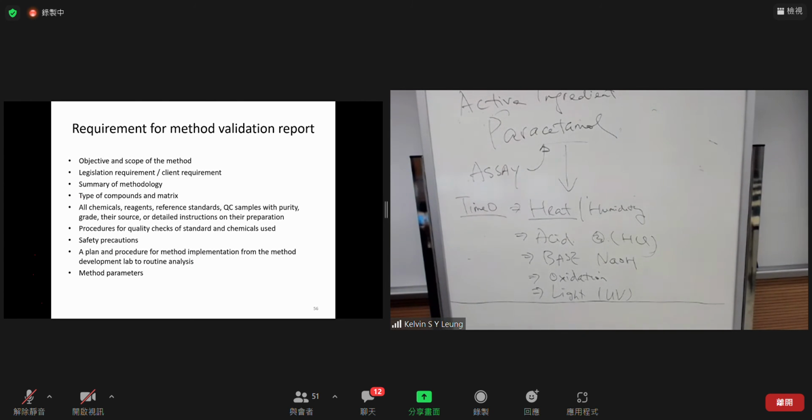Because the method validation may be done by you, and you remember it in your mind, but you may not stay in that lab for a long time. Maybe the method will be transferred or used by another analyst. So in the routine use, if there are any issues, they will check back the validation report. So try to list out all the details in the report.